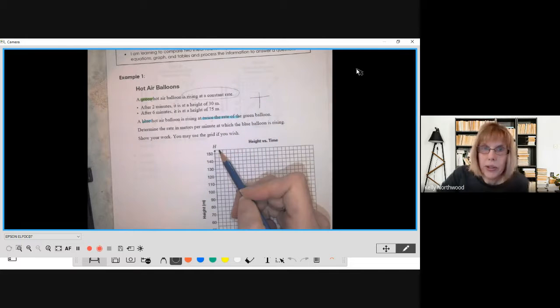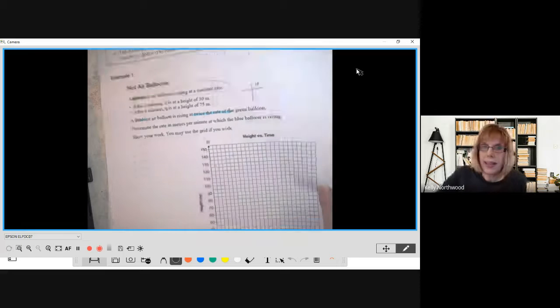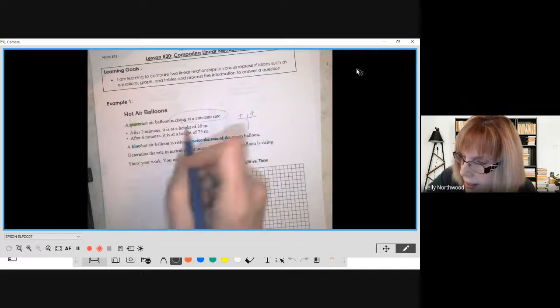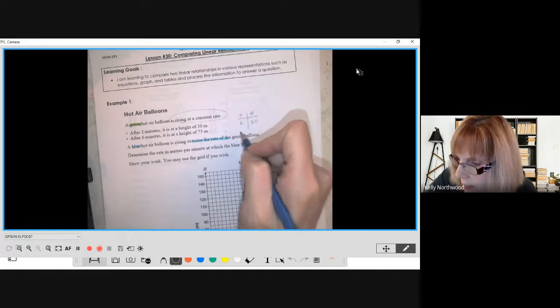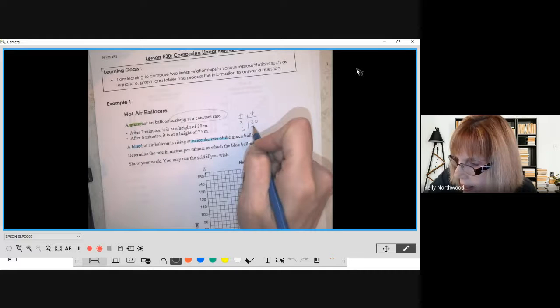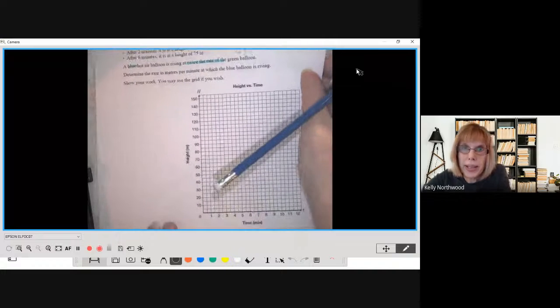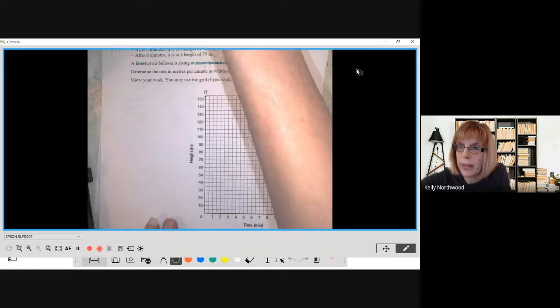You can see from your grid that H is our vertical axis and T is our horizontal axis. At 2 minutes, we're at 30 meters, and at 6 minutes, we're at 75 meters. So let's put those points on our grid. They were nice to us and already put the scales on both axes and labeled them.